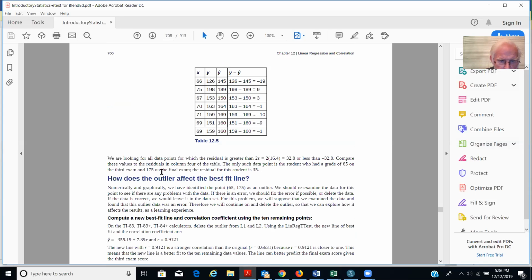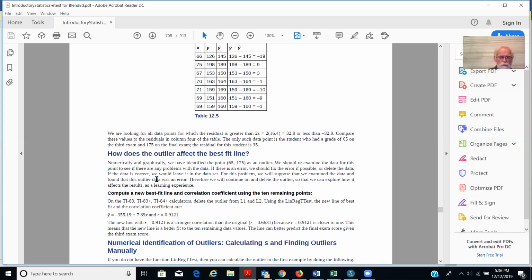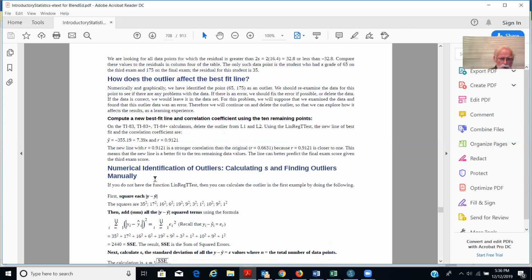So, does the outlier affect the line? Yes, we have to look at the fact that we've included it. So the question is, do we exclude that particular data point? And that again is, we're not going to go into why, but we do want to examine the data to see if there are any problems with it.